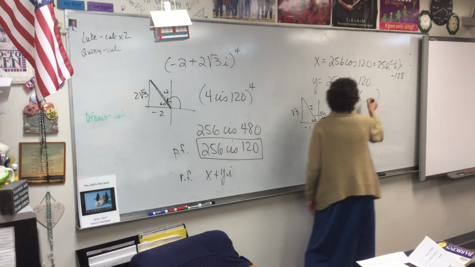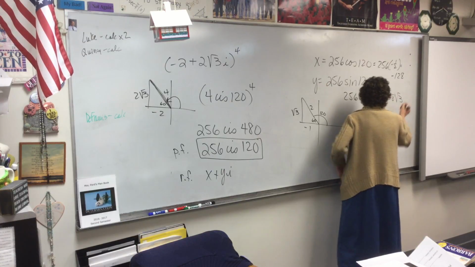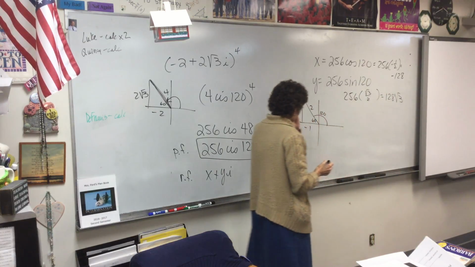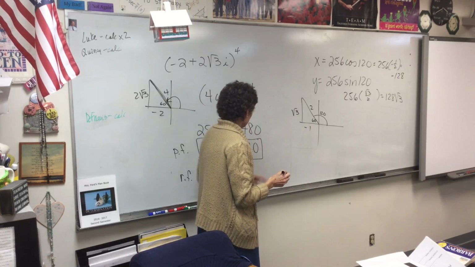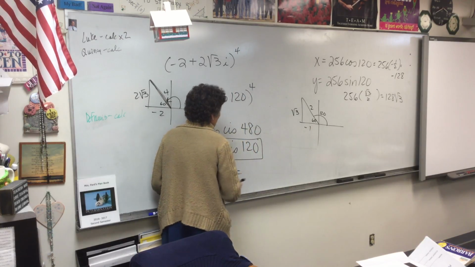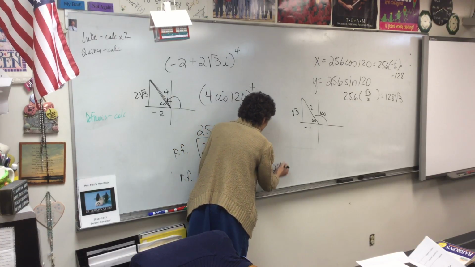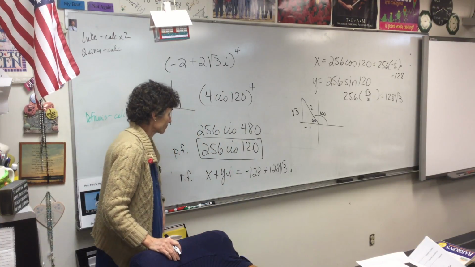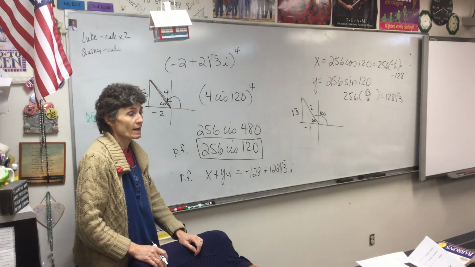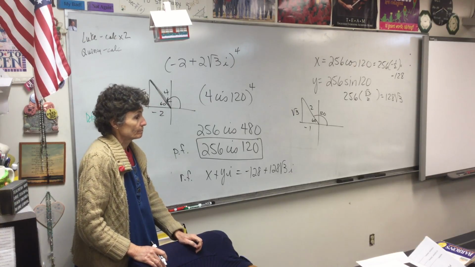Root 3 over 2. So that'll be 128 root 3. So my answer, remember we're shooting for this, my answer is negative 128 plus 128 root 3 i. X plus yi is my rectangular form.